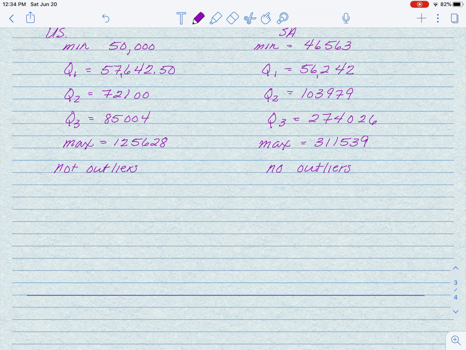So notice the minimum that we have is 46,563, and the maximum out of these two data sets is 311,539. So I've got to go all the way from 46,563 to 311,539. So I'm going to go by increments of 25,000, I think is what I'm going to do.